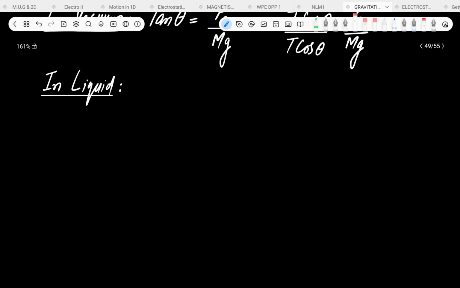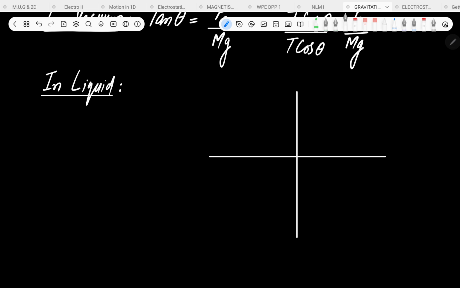To be precise, if I construct the free body diagram of this particle inside the liquid, in the upward direction there is one force, T cos theta, isn't it? Towards the right there is a force, T sin theta. Towards the left there is the electrostatic force, which will no longer be equal to F naught, it will rather be Fm.